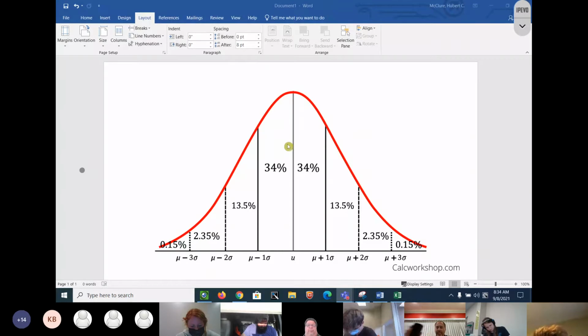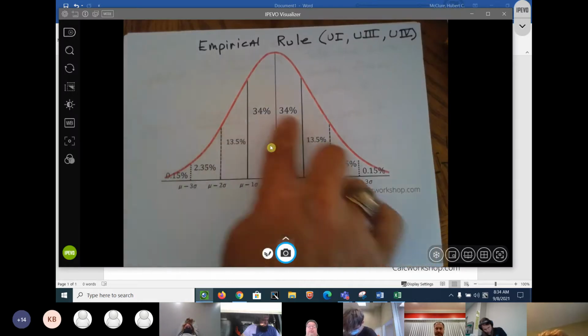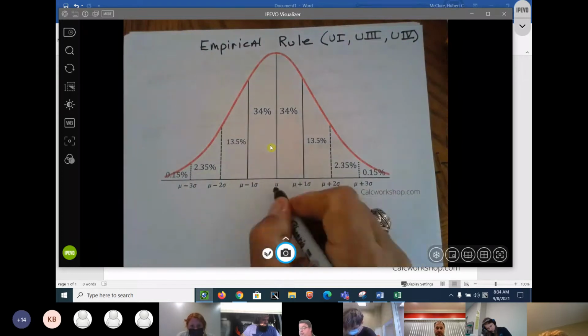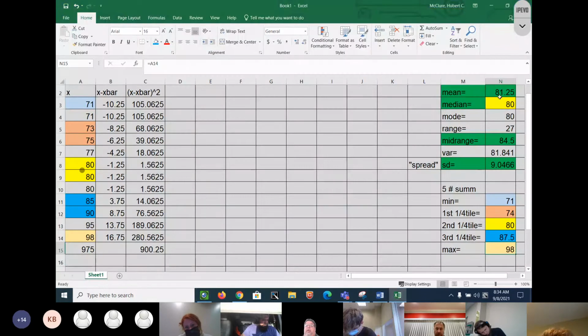Here is the empirical rule. And what you do with the empirical rule basically is the percentages. Those percentages right there is the empirical rule. Within one standard deviation of the mean, our mean is what? Our mean is 81. So I'm just going to put 81. You would use decimals, but I'm not going to fool with decimals because I'm not going to do those in my head while I'm doing this. And my standard deviation is 9.